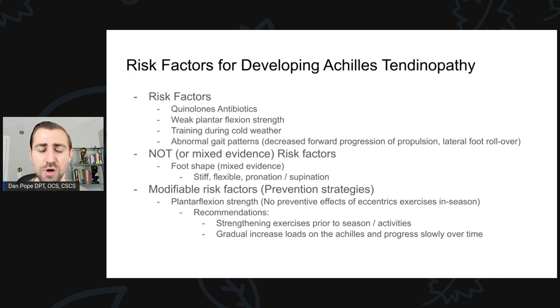We're looking to have a strengthening program for the plantar flexors, or calf muscles, at some point prior to the season and maybe throughout it. The other piece is a gradual increase in load on the Achilles, progressing slowly over time. We'll talk about the acute to chronic workload ratio a little later, but suffice to say, it's smart to slowly ramp up the stress you throw at your Achilles, not spike your training volume at any given period of time.